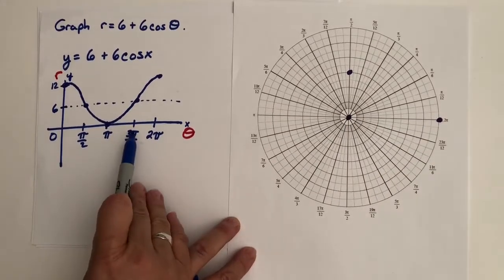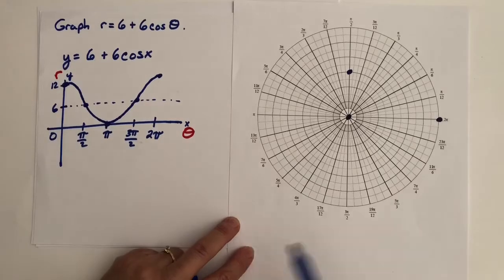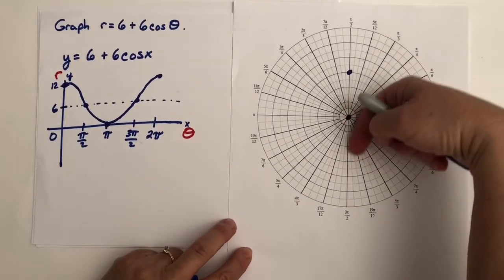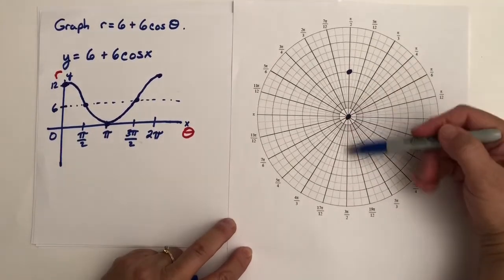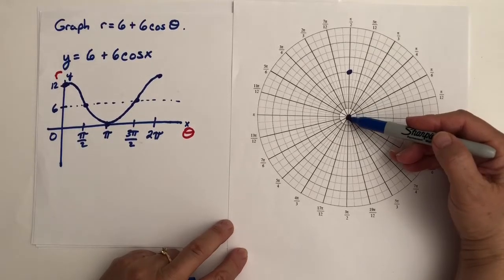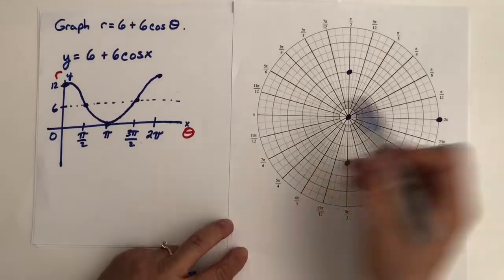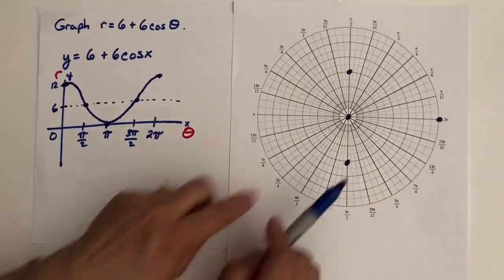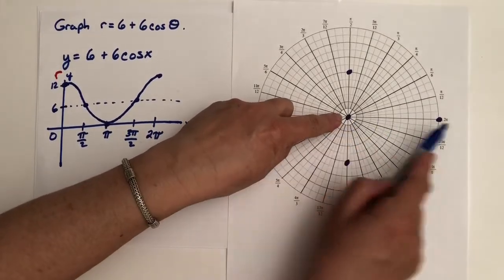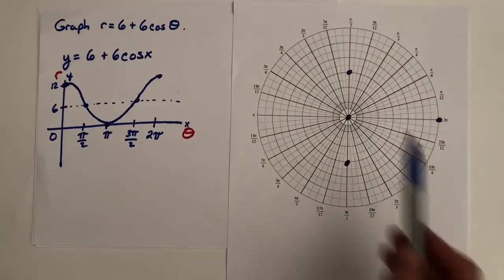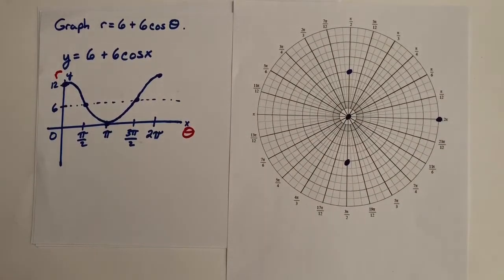And at 3 pi over 2, my r value is 6. So now I'm looking this direction, the direction of 3 pi over 2, and I go out 6 units, 2, 4, 6. And at 2 pi, I'm back to 12. So at 2 pi, I'm looking that direction and I'm back at that point. And then the graph would start to repeat.